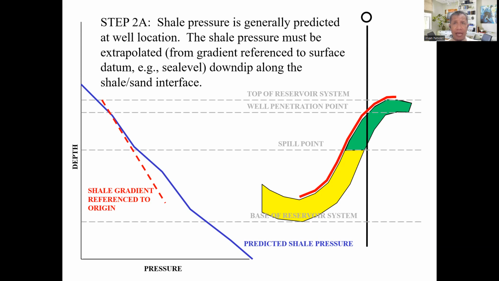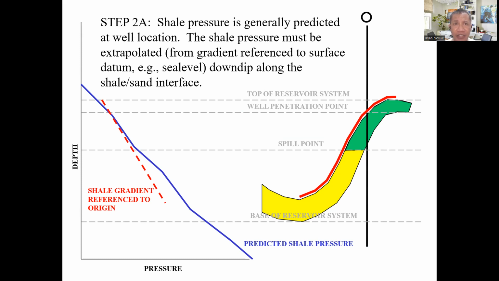This step helps in understanding the pressure distribution within the reservoir system, and also the shale gradient, referring to the change in pressure per unit depth within the shale layer measured from a specific reference point.